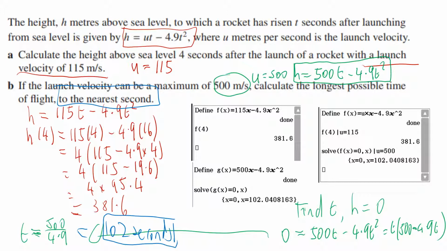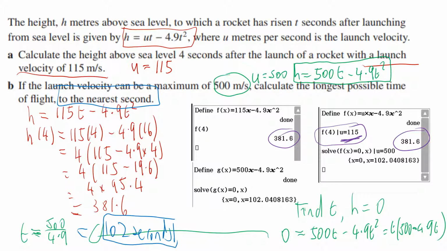To find f of x, what we're going to do is the one definition, and we're going to use u times x minus 4.9 times x squared. And so you can have a look at what I'm doing over here. I'm asking the CAS to work out the value of the function when x is equal to 4, when t equals 4, but on the condition that u equals 115. Of course, we get the same answer as we did before, 381.6 meters.